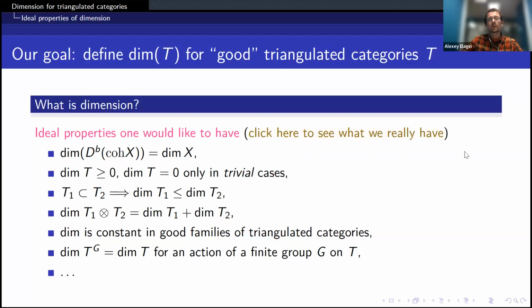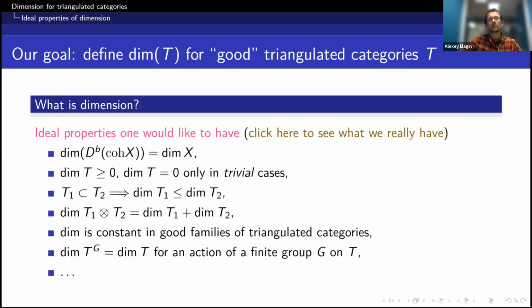So what would one like to have for this notion? There are some natural properties of a good dimension function. The dimension of a category coming from geometry should be equal to the dimension of the original algebraic variety. Dimension should be non-negative, and it should be zero only in trivial cases, whatever that means.